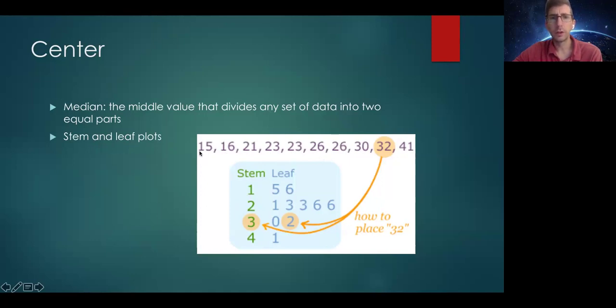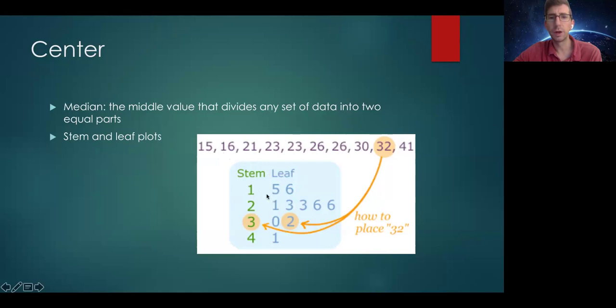So I'll take all the stems, or the first numbers, all those unique values, 1, 2, 3, and 4, and I've put those here in my stem. And then in the leaves, I'll add the value on the right of each number, right? So I have a 15 and a 16, so I've added a 5 and a 6.